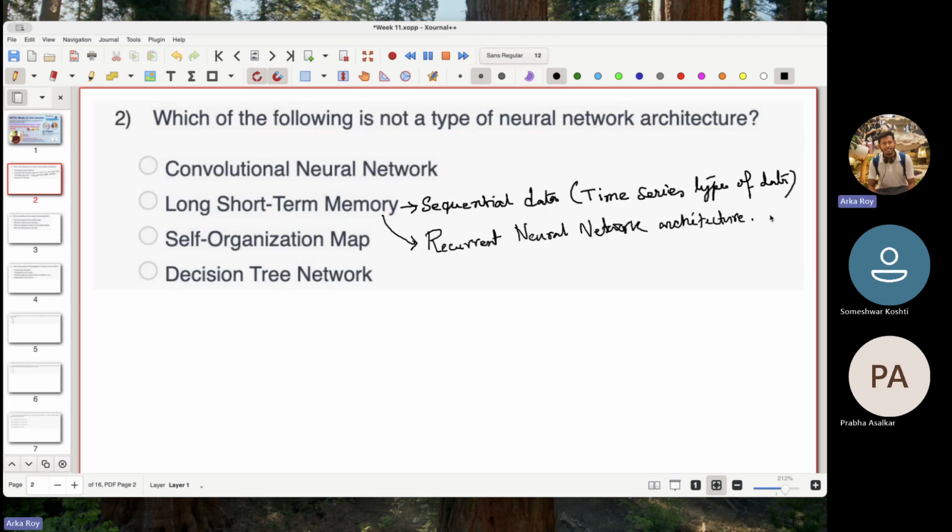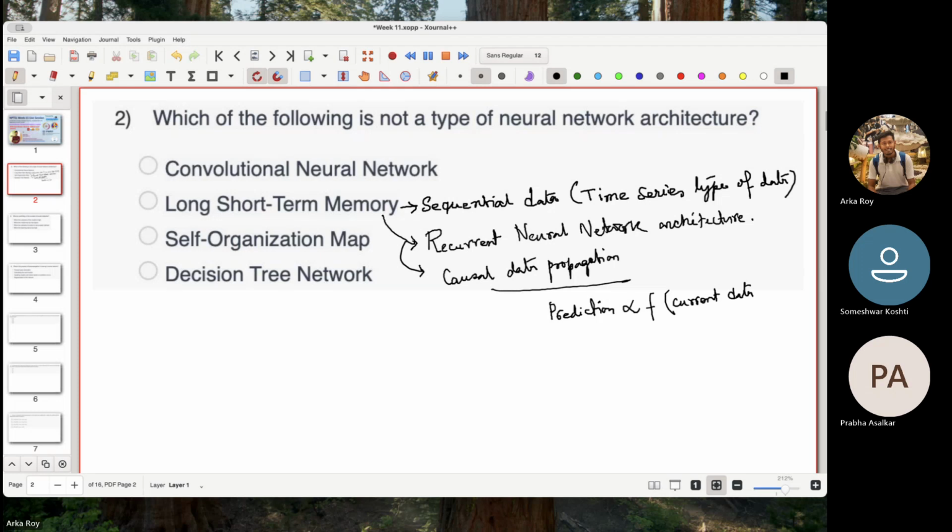If you see the architecture of the recurrent neural network, it is quite complex. It is also based on the theory of causal data propagation. In simple terms, this means the prediction is a function of current data and past information.